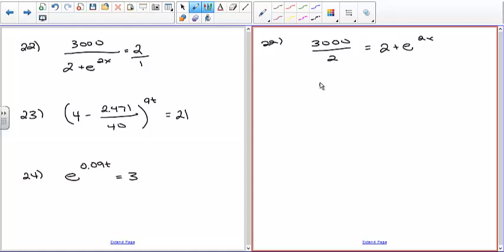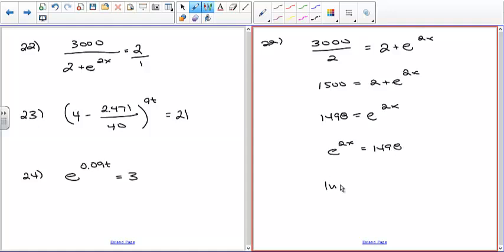So 3,000 divided by 2 is 1,500. Then I subtract 2 from both sides. And now I'm just going to switch sides. So now I've got e to some power. So now I can use the natural log.